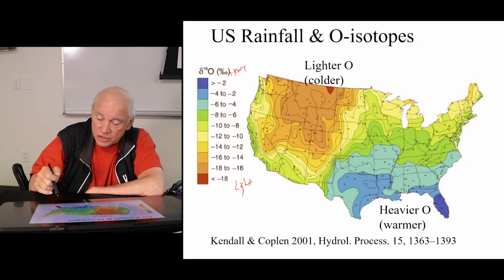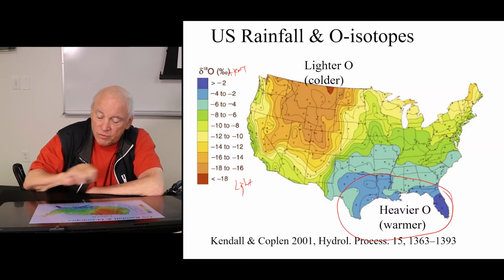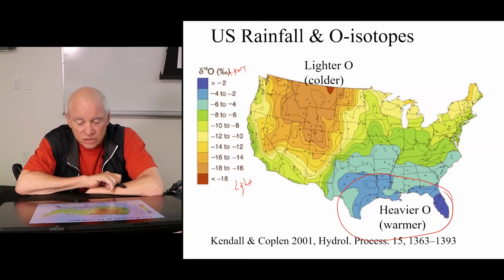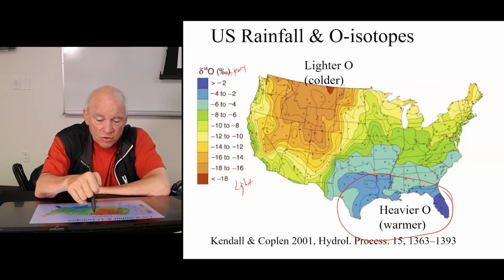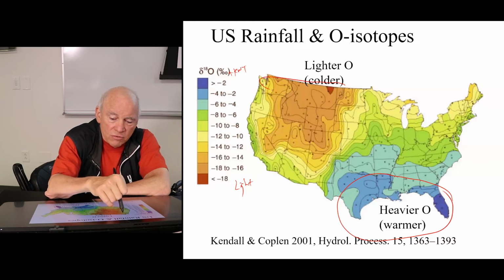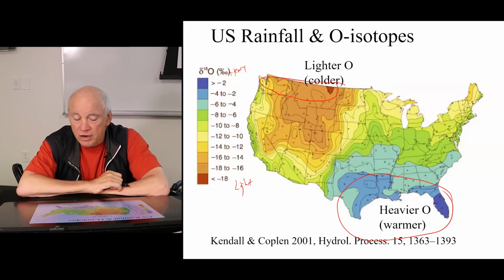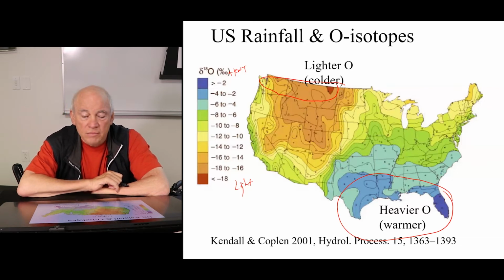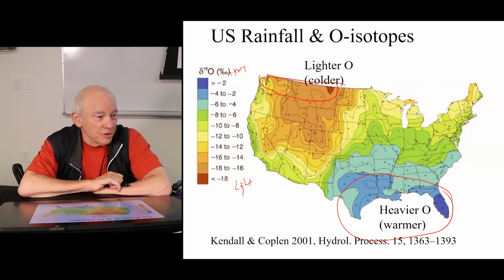Down here in the south, in Florida and Texas and Louisiana, we've got relatively heavy oxygen in our rain. And in contrast, up in the Northwest, in Montana and Oregon and Washington, they have much lower delta-O-18. So by measuring the oxygen isotopes, you can get a sense of the annual temperature of a region.